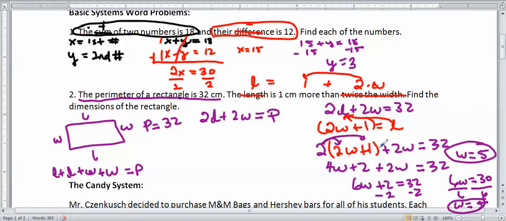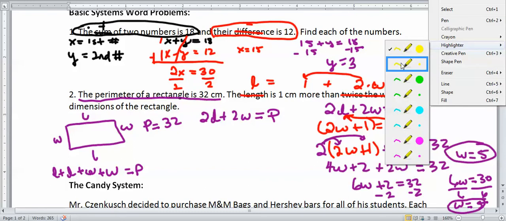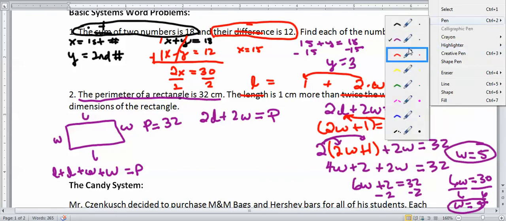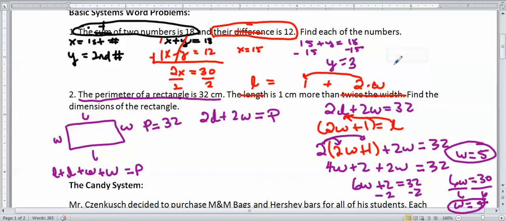Now I'm going to take that w and replace it up here in the L equation. So I'm going to solve for L using substitution again. Okay, so I've got the 2. My w is equal to 5.